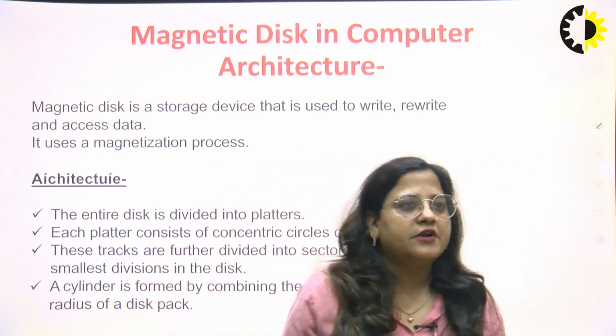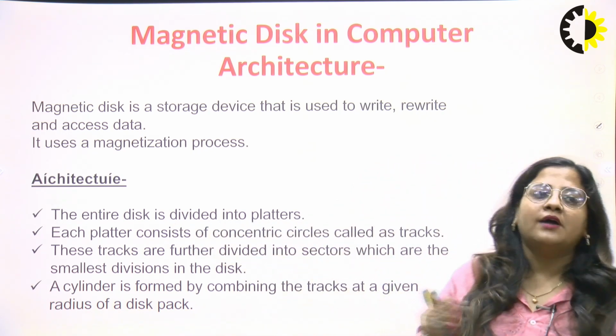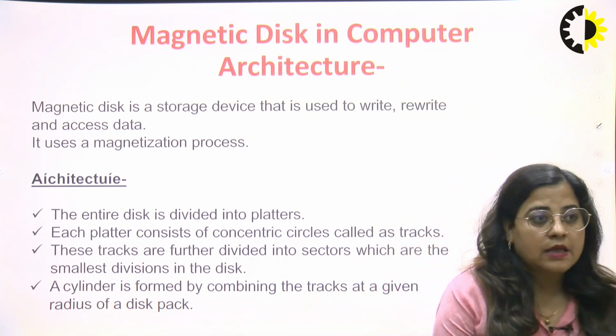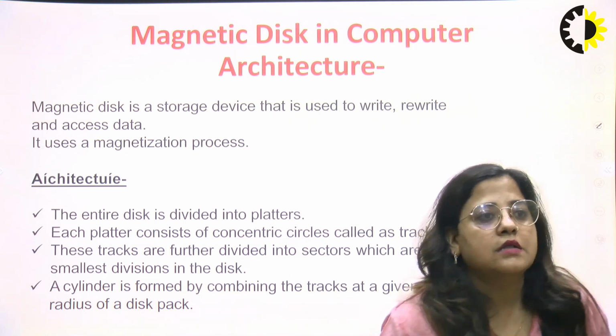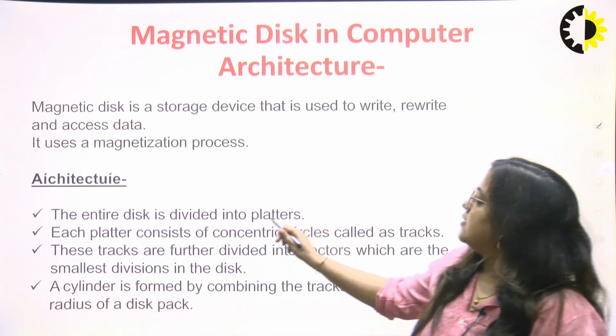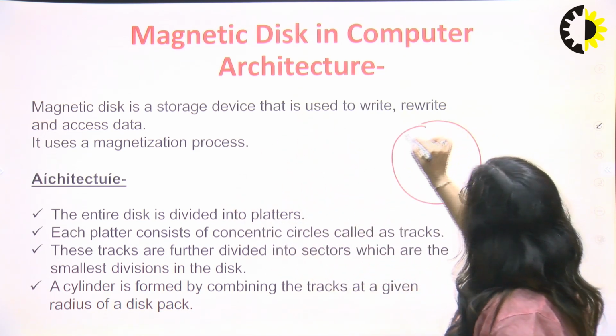In the architecture of a magnetic disk, the entire disk is divided into different platters, and each platter consists of concentric circles called tracks.